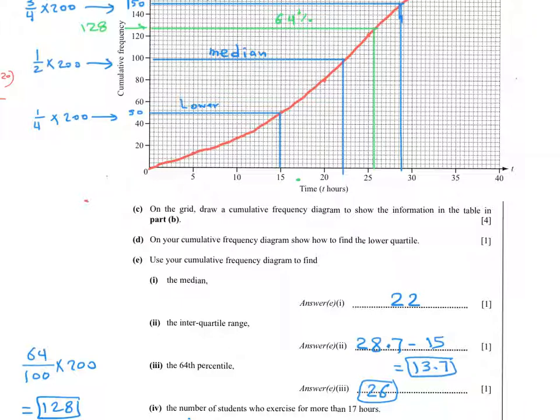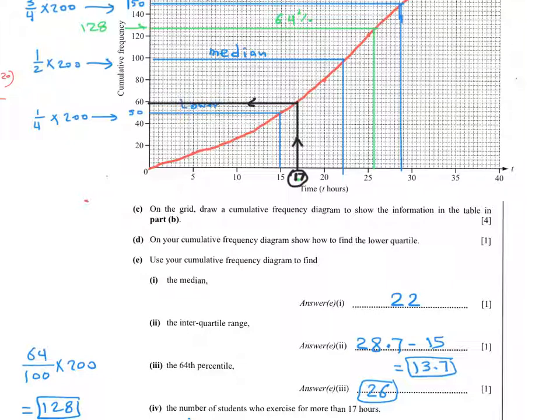16, 17. Now this 17, start from 17 on the x-axis, then go up, then go horizontal, and find the answer. The answer is approximately 58.